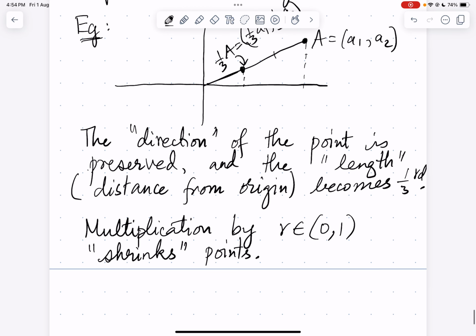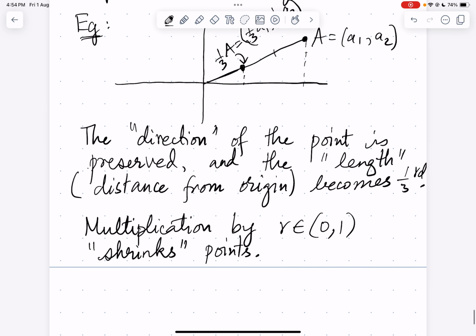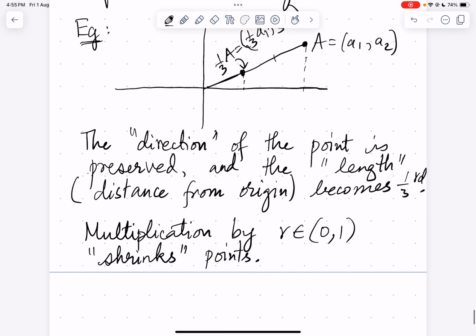Both coordinates become r times the previous versions, so it brings the point closer to the origin. The length will become r times the original length and the direction of the point will be preserved. Okay, so this is what happens.